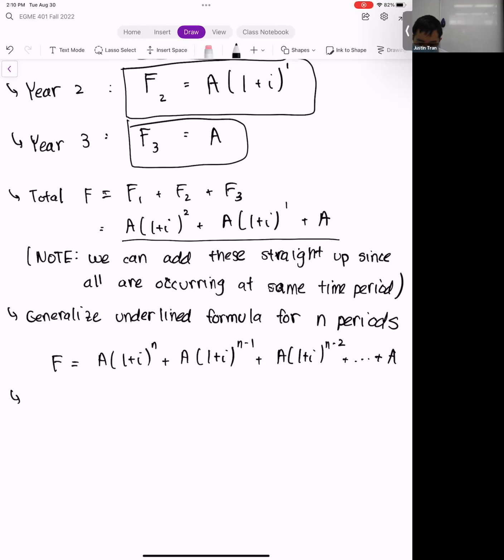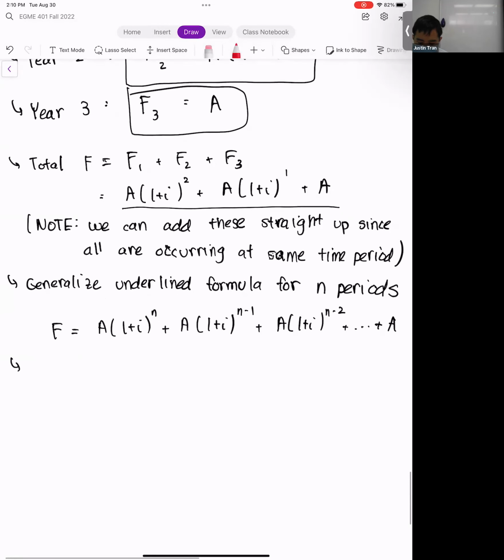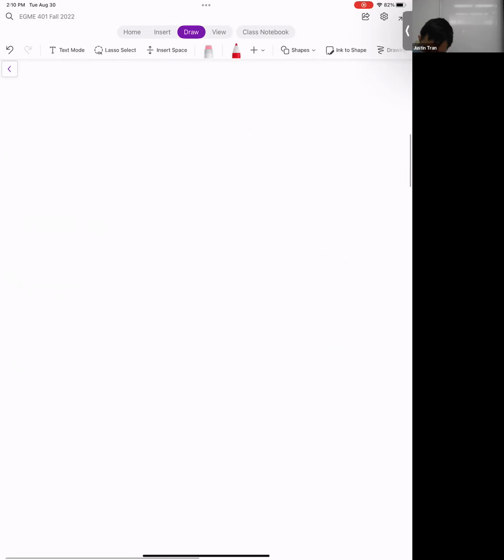Okay, so we can do one more thing. Even though this formula is truthful, it's a little bit hard to use because there are so many terms here, right? It would be great if we can manipulate this to get rid of most of the terms.